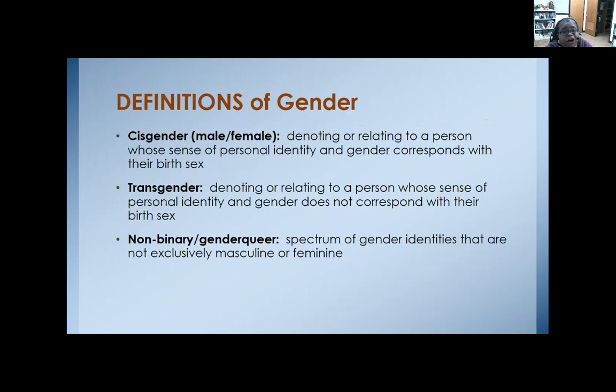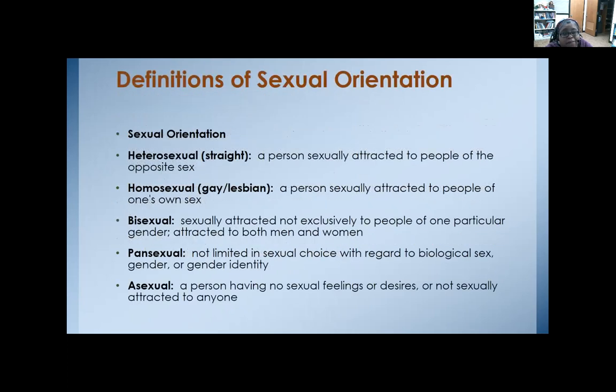So for gender, we have cisgender, transgender, and non-binary, queer, gender queer. Those are the choices that you'll have there. For sexual orientation, we looked at heterosexual, homosexual, bisexual, pansexual, and asexual.